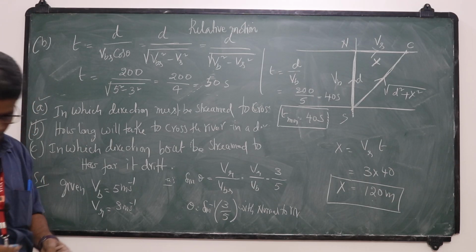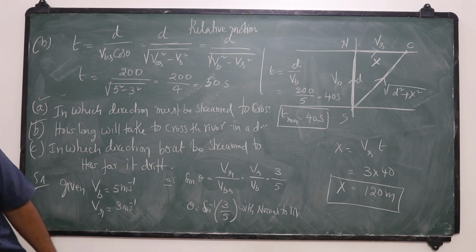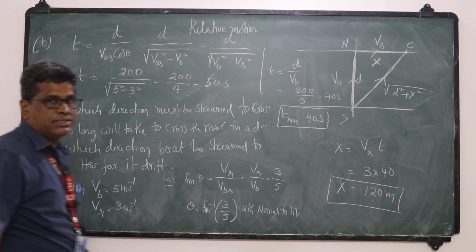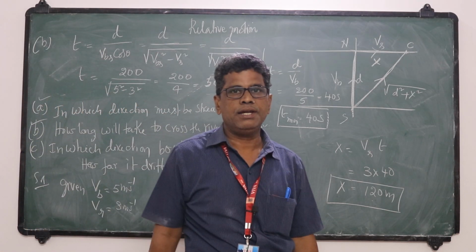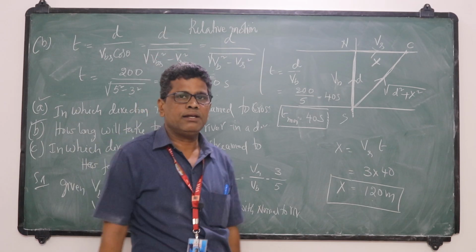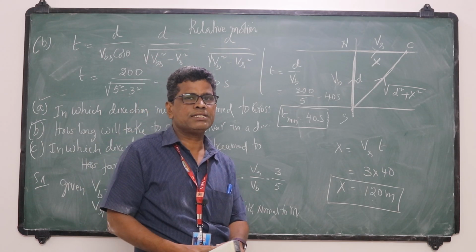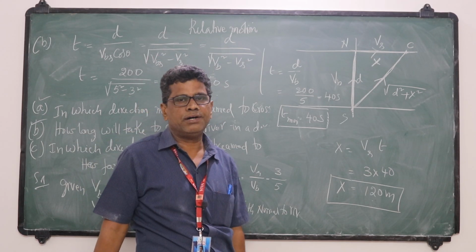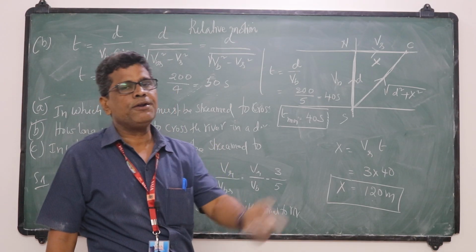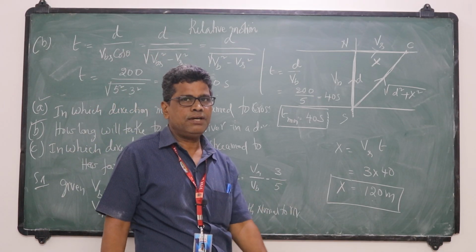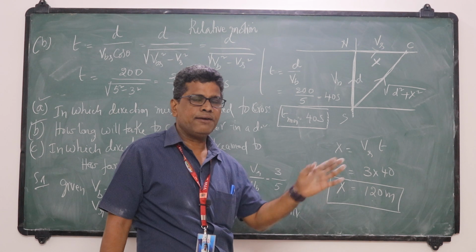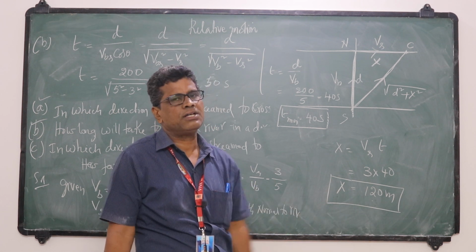So these are the things we have discussed so far: river boat problems. Clear? Next, similarly, one more last model in applications is wind aeroplane problems. We can solve this similarly.